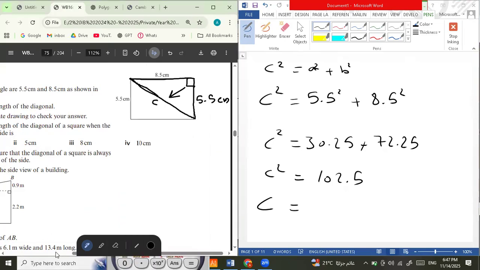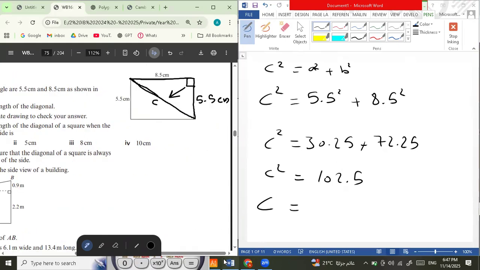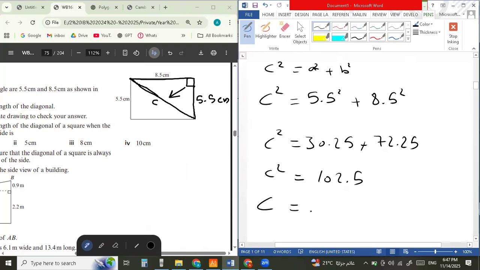They said calculate the length of the diagonal. They didn't say make an accurate drawing to check it out. Well, they didn't say, so just round it to one decimal place. You're going to find that your answer is 10.1. You round it, 10.1 centimeters. The diagonal is 10.1 centimeters.